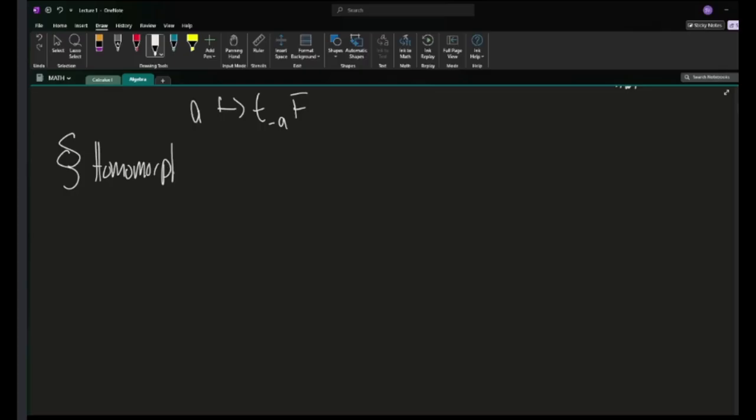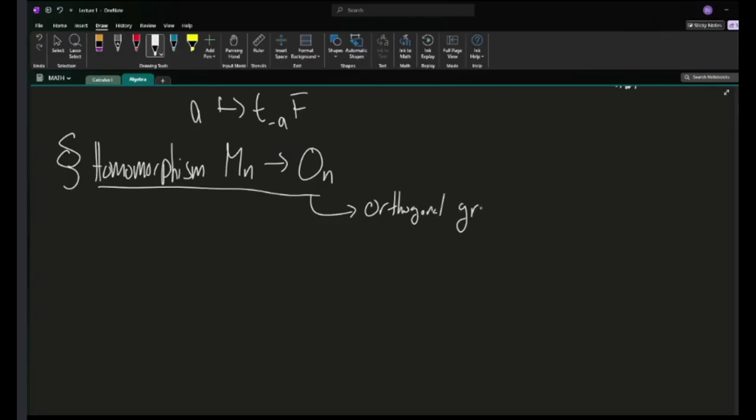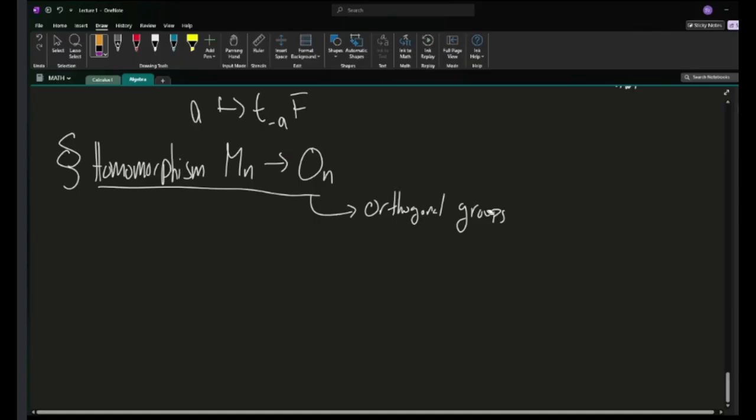From M n to O n then. Okay, so we've dealt with these concepts of orthogonal groups. Or, not orthogonal groups, I think you guys referenced them as orthogonal matrices.